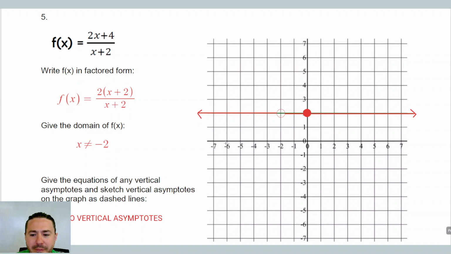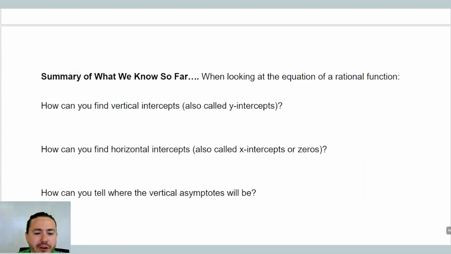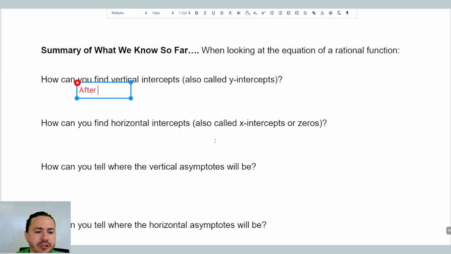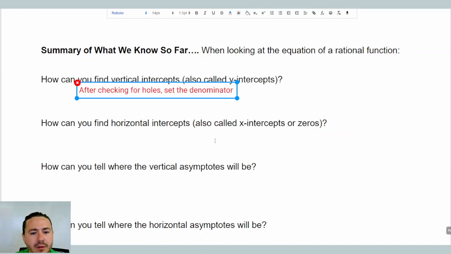All right, so here we go. A summary of what we know so far. How can we find the vertical asymptotes? To find the vertical asymptotes, after checking for holes, we're going to set the denominator... Oh wait, vertical intercepts.